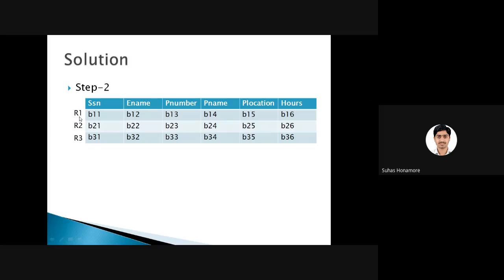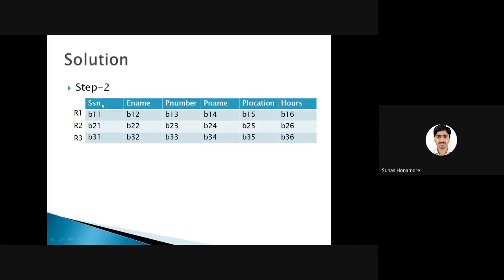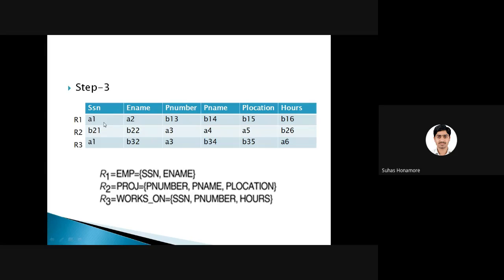If R1 contains SSN and E name, then instead of B11 and B12, we set A1 and A2, using the column numbers. The remaining entries we keep as they are.